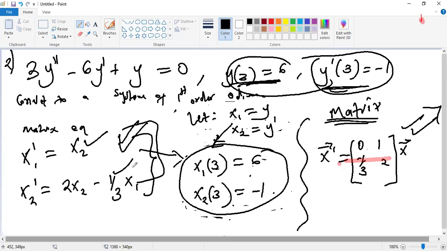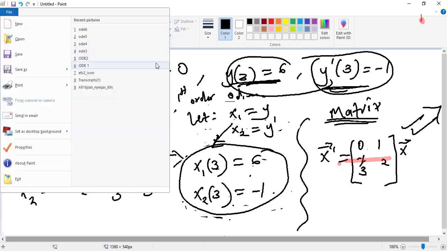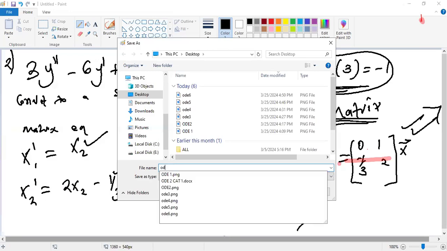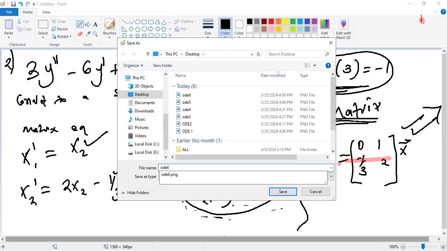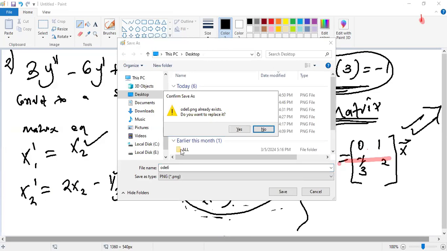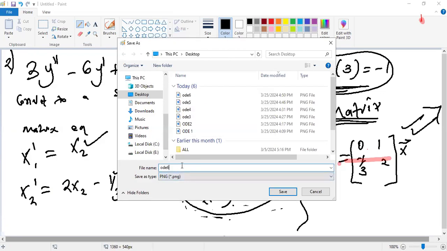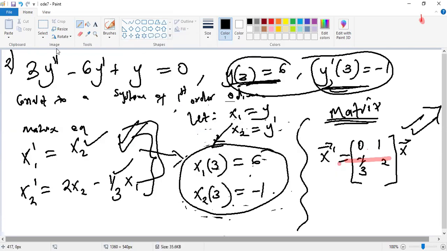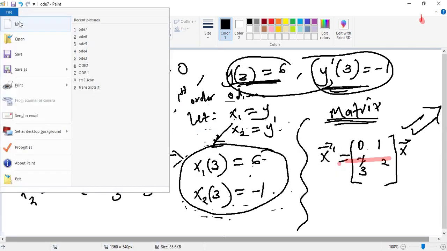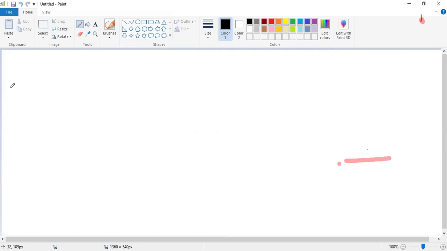Let's do one last example on this one, then we look at how exactly to go about solving them. Okay, next example.